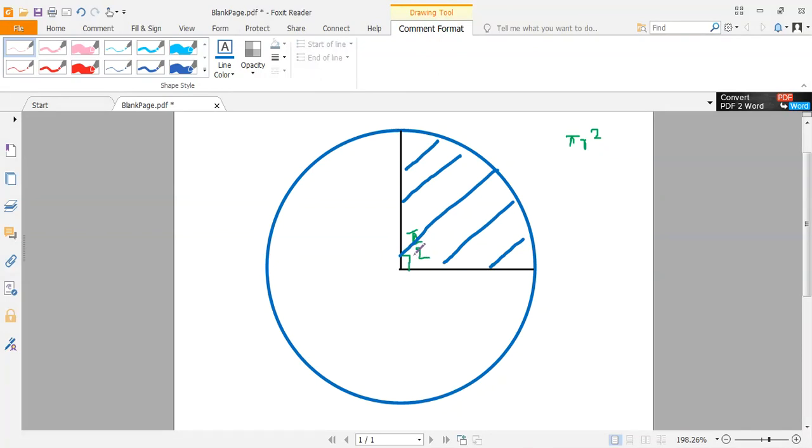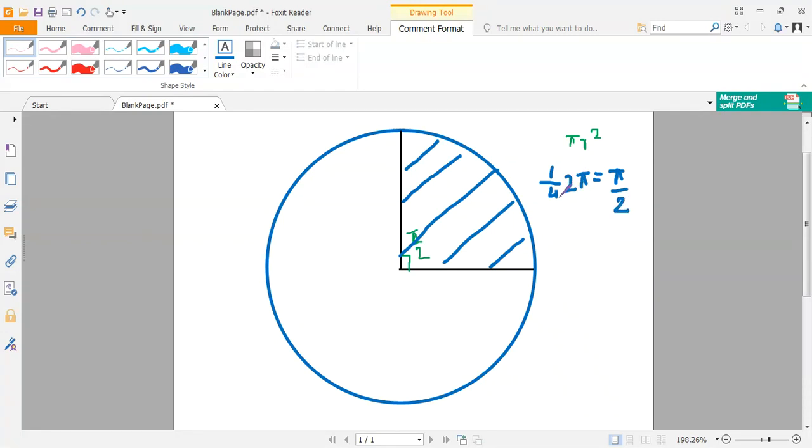So if I'm talking about just 1/4 of 2 pi, because pi by 2 is 1/4 of 2 pi, right? Sorry, let me write it like this. 1/4 of 2 pi is equal to pi by 2, right?